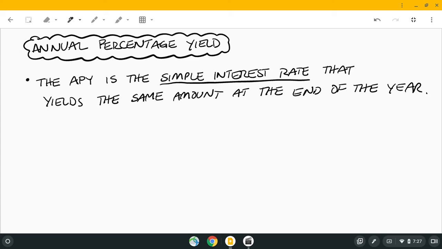So we need to know the formula for simple interest.